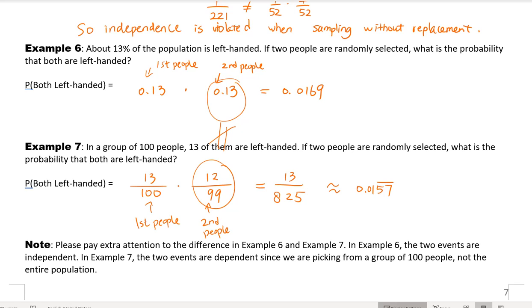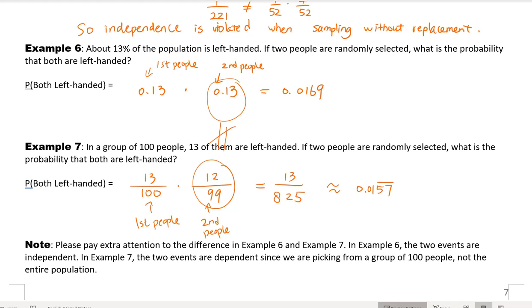So we have a finite number of people, and for the second person, the numbers have already changed. So they are dependent. Keep in mind, sampling with replacement, we get independence.